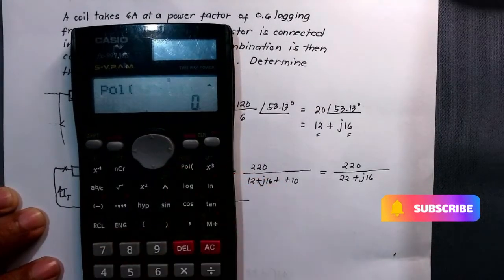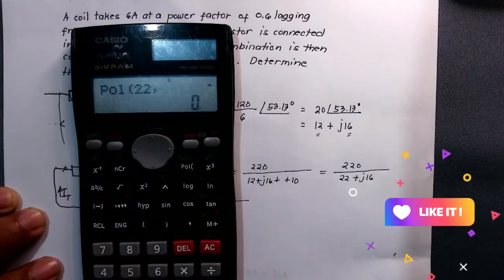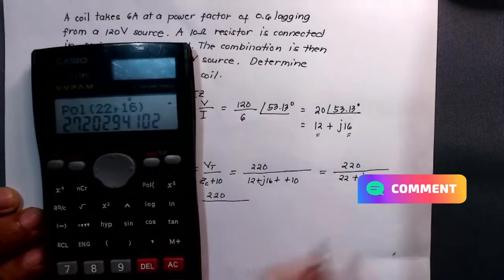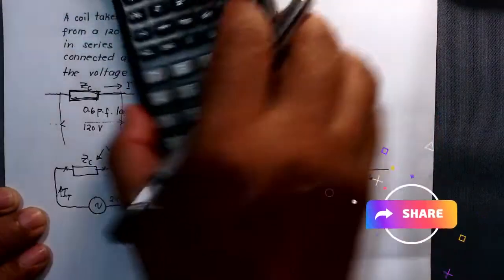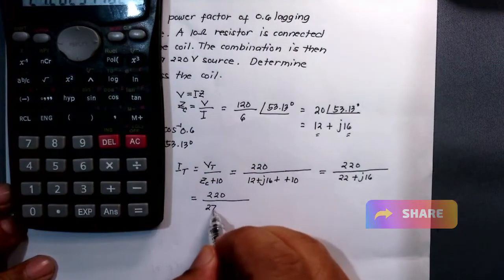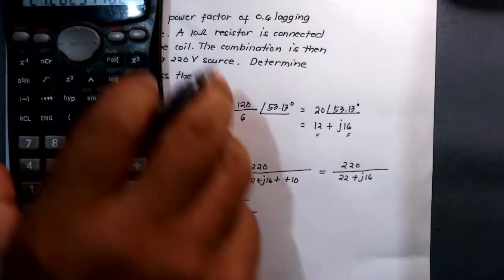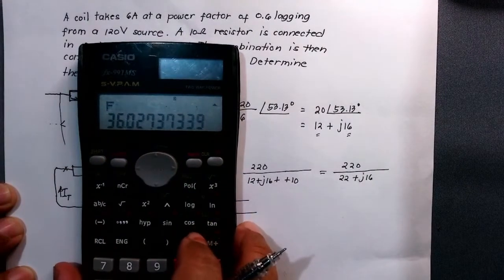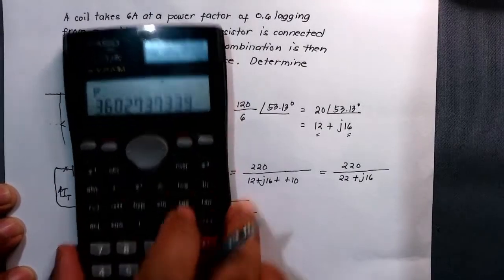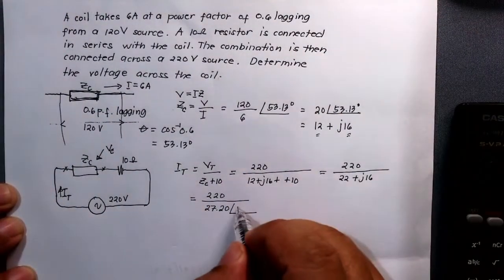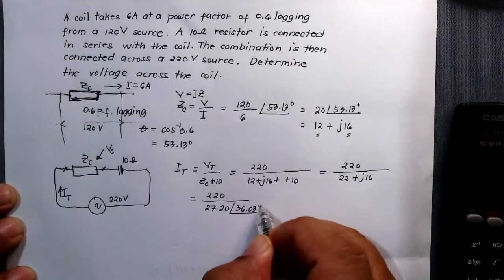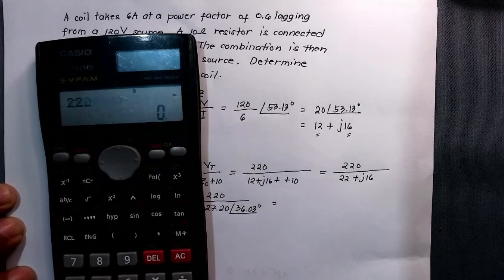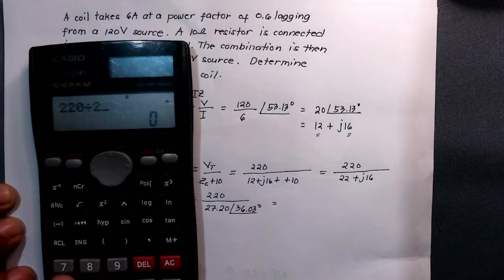Polar, that is 22 comma 16. The polar form is 27.20 cis of the angle 36.03 degrees. Now I'll divide 220 by 27.2.